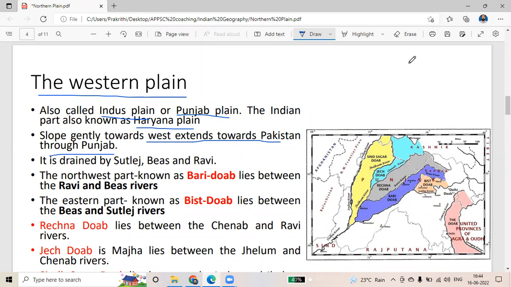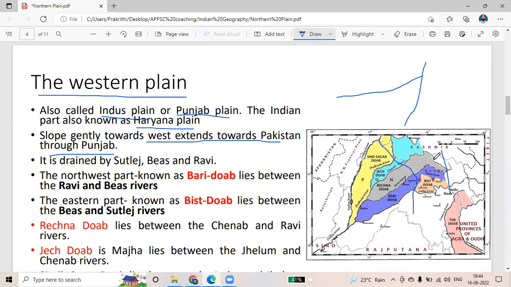It is divided by some feature, which I said is actually the extension of the Aravalli. From here its slope moves westward, not very much. So from the Punjab region it will move up to Pakistan. If you look at this picture, you can see it starting from here and moving. India is up to here, the Indian portion ends here. The remaining is actually the Pakistan region.